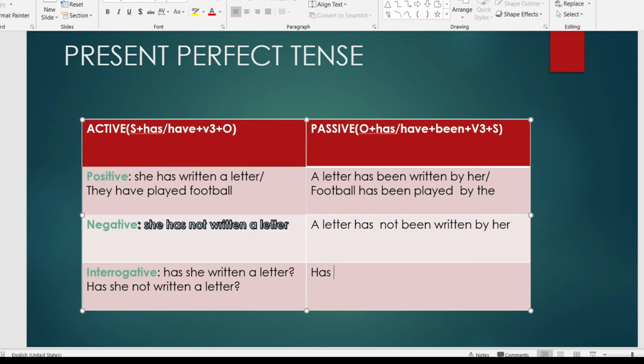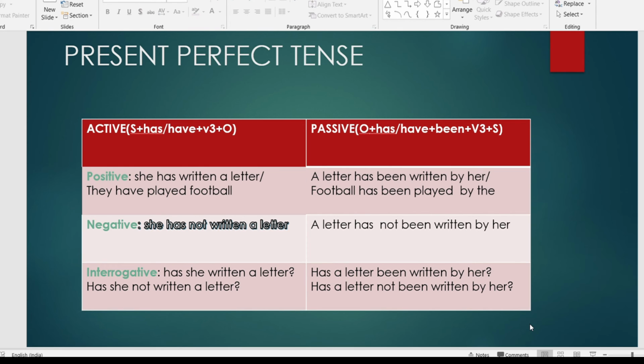So has a letter been written by her? Or has a letter not been written by her? Okay, question mark.